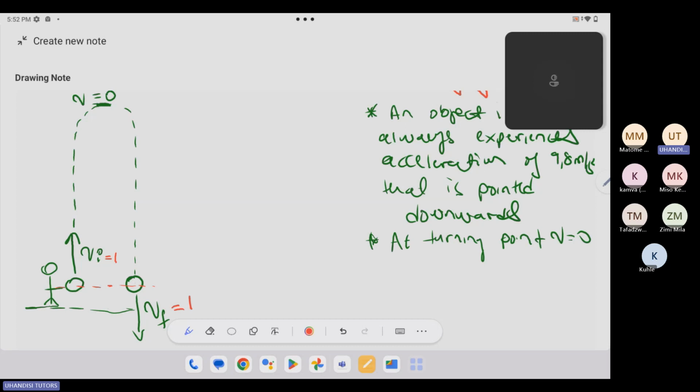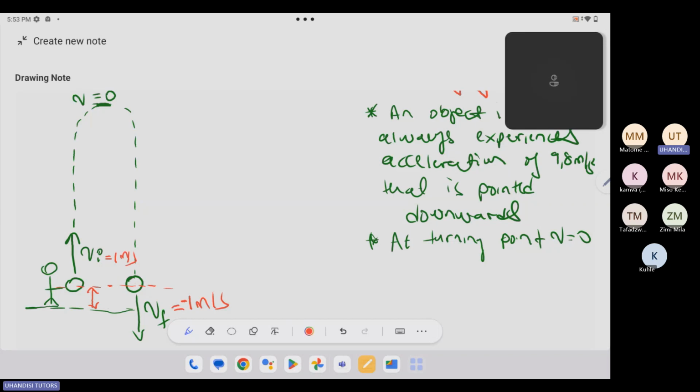Why is that the case? Look, if you draw a straight line like this, if you throw this object exactly at this point with a magnitude of 1 meter per second, when that object returns to the same position again, it will be moving at the same magnitude but in the opposite direction.